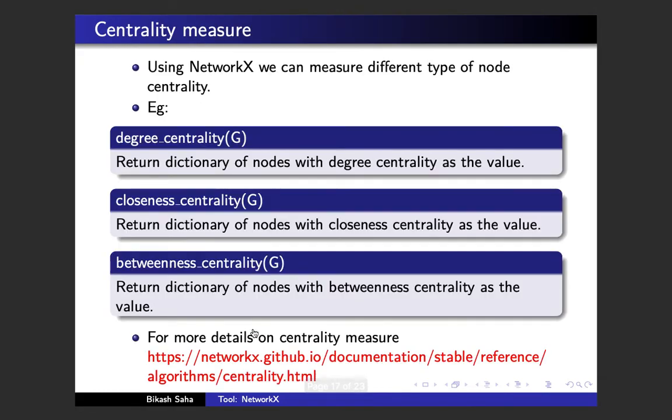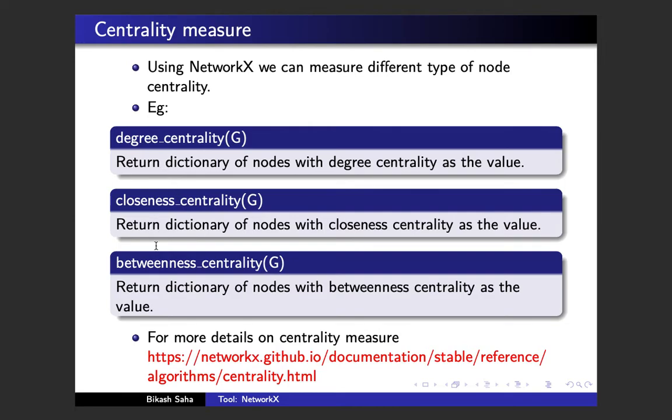Now using NetworkX we can measure different types of node centrality. For example, we can calculate the degree centrality of a graph, closeness centrality, and betweenness centrality. Degree centrality will return a dictionary of nodes with their degree centrality value as value.